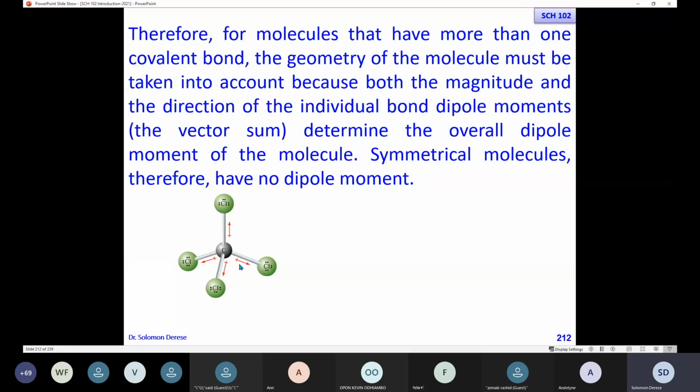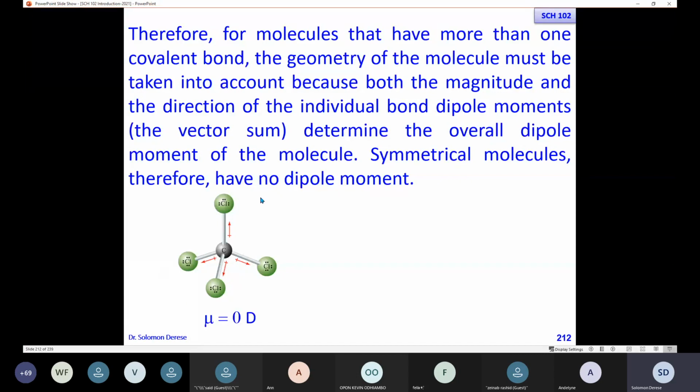As you can see, they are all pointing away from the carbon. The magnitudes are the same. They are pulling the carbon in 4 different directions with the same vigor. As a result, the dipole moment of carbon tetrachloride is 0.